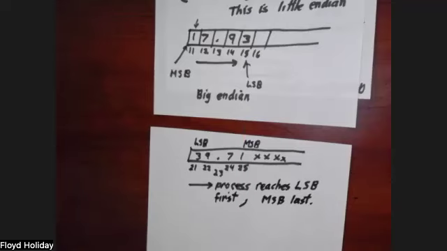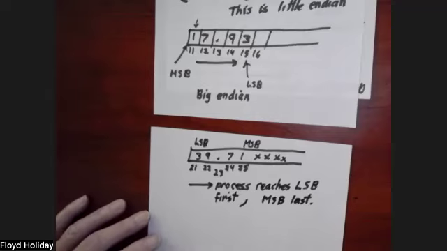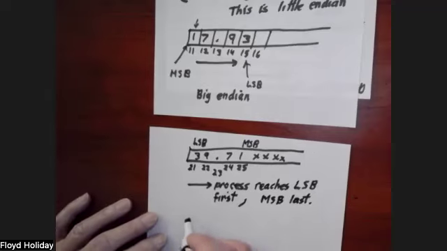I'm aware that in the past history of computing, they had computers that processed big Indian style, but that's not common today. I don't know where you find those kinds of computers. In museums, perhaps. Modern computers process Little Indian style.